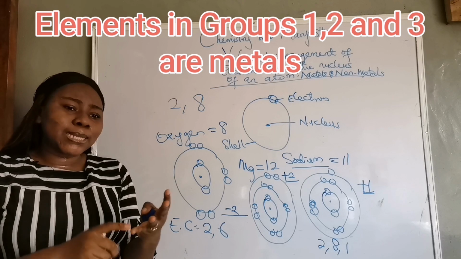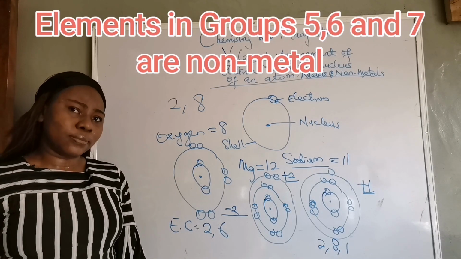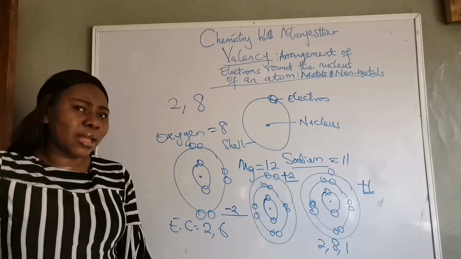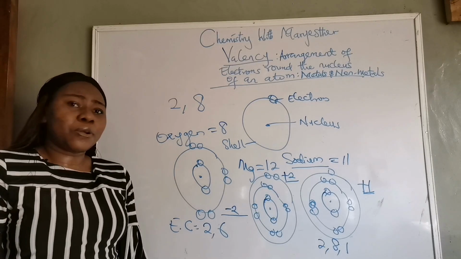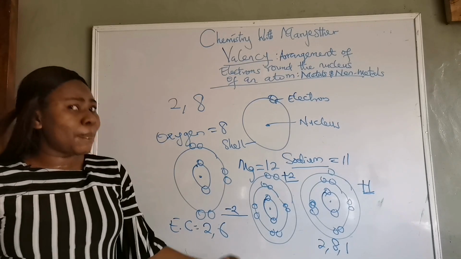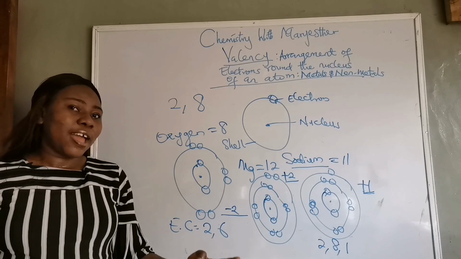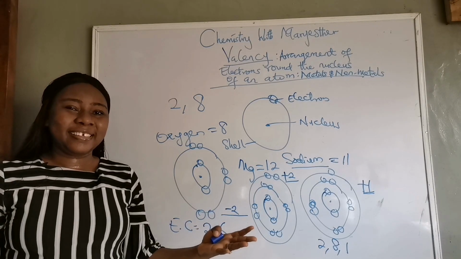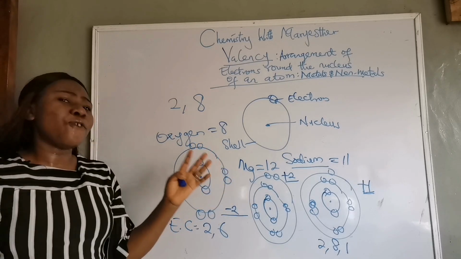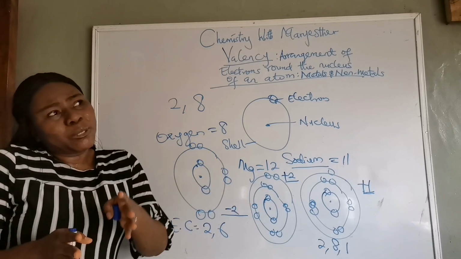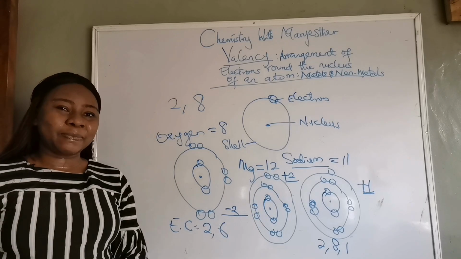If an element has 7 electrons in the outermost shell, it's looking for just one. It can just borrow. So it is a non-metal, a borrower. If it has 6 in the outermost shell, it can borrow 2 and become stable. Non-metal. If it has 5, it can borrow 3 and become stable. They are non-metals. But if they have 4, they are confused. They are metalloids. They are in between metals and non-metals, so they call them metalloids.